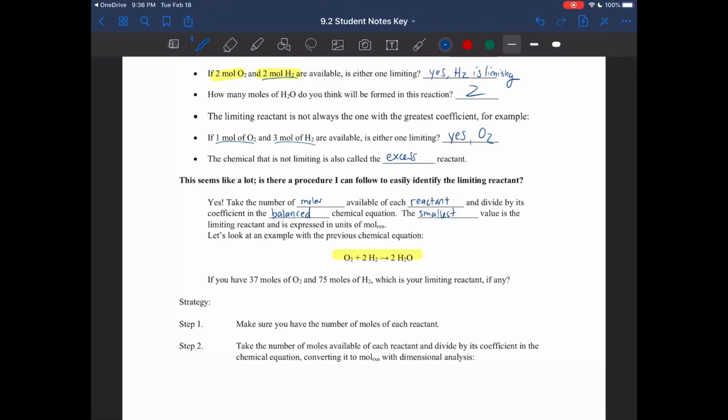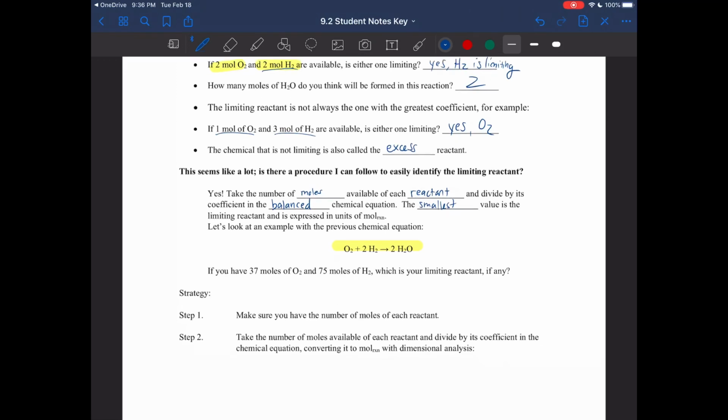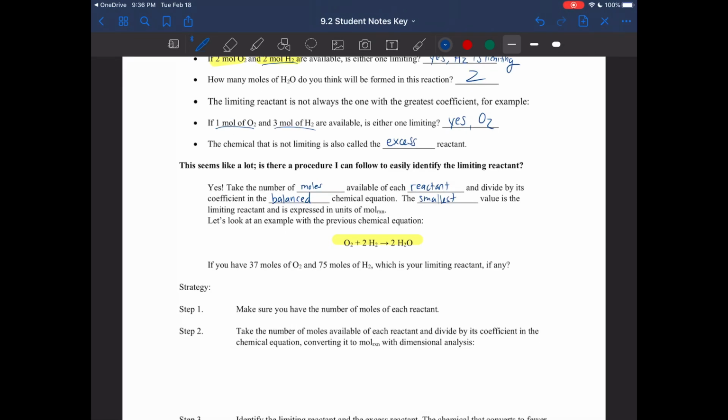So I'm just going to use my procedure to figure this out. First of all, I want to make sure that I have the number of moles of each reactant. Okay, I have 37 moles of O2 and I have 75 moles of H2. Seems good. So step one is done.